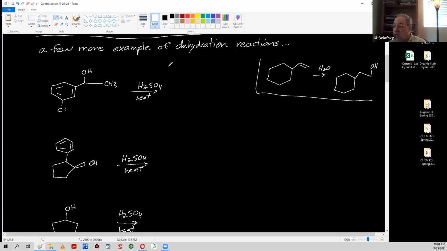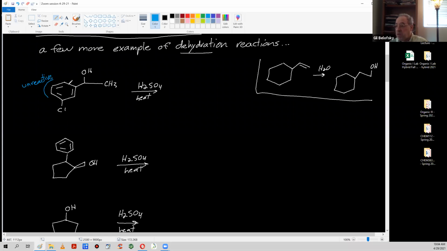These, what we're seeing here, are the reverse reactions, the dehydration. So removing water. If you look at the first example here, one thing to be aware of is that these parts of molecules that are like benzene rings here are pretty much unreactive.